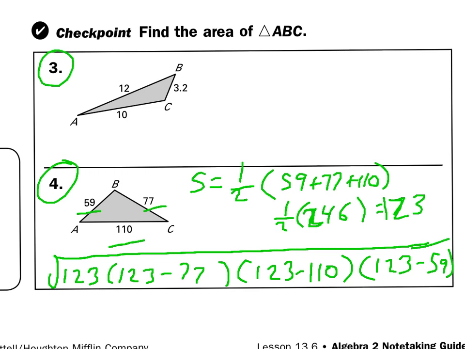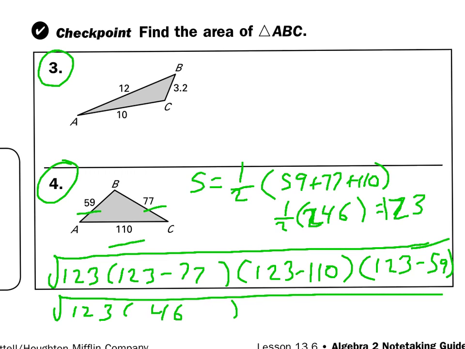Alright, so I have the square root of 123 times, what's that, 46 times 13 times 64.